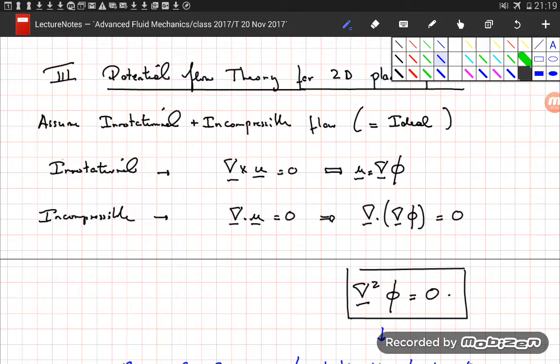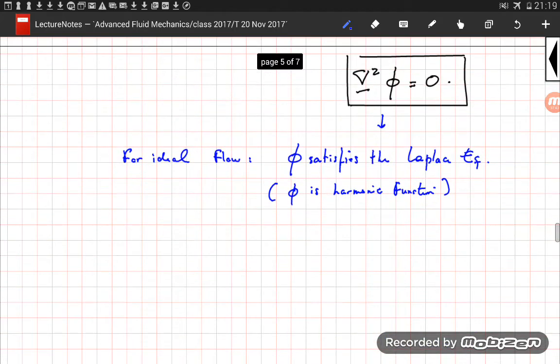It still satisfies the Laplace equation, which allows us to compute velocity fields for ideal flows simply by superposing their potentials.